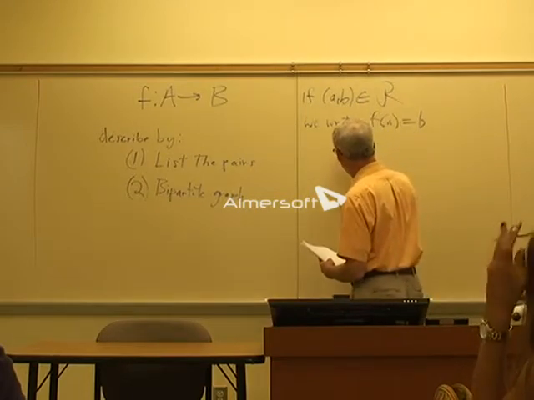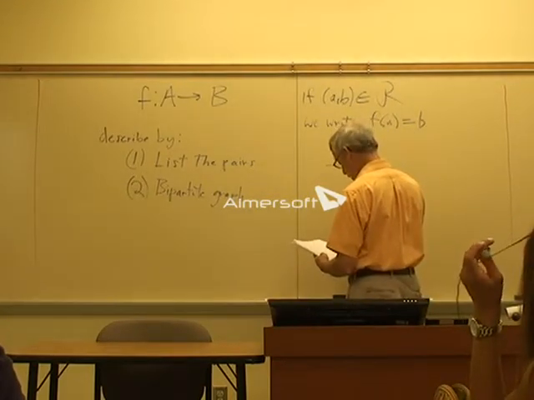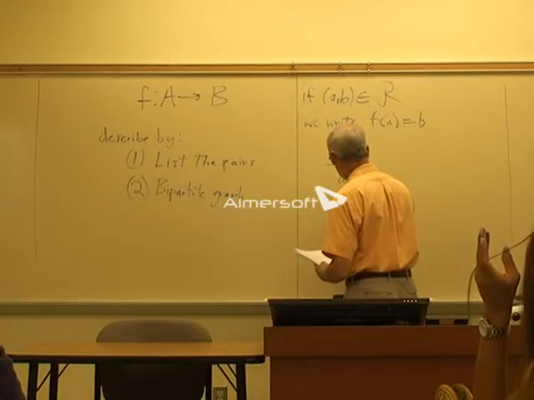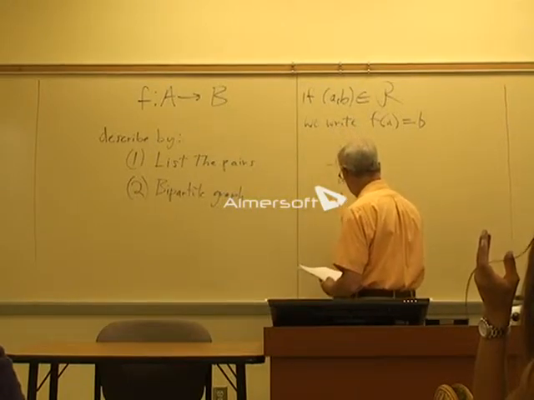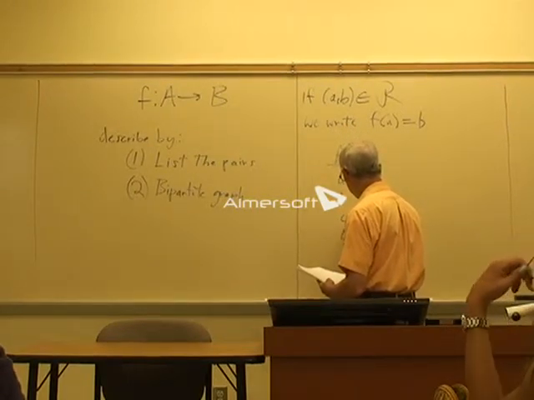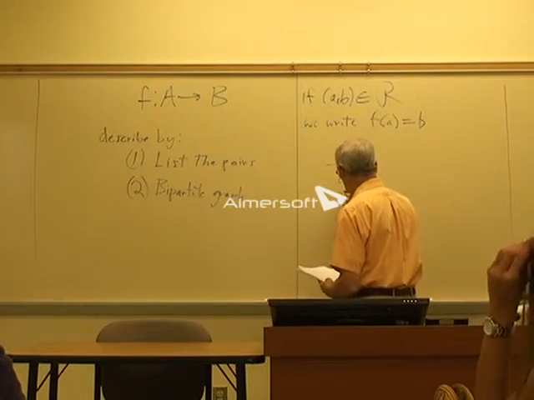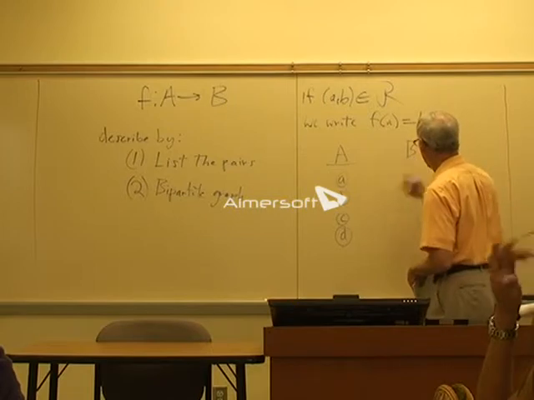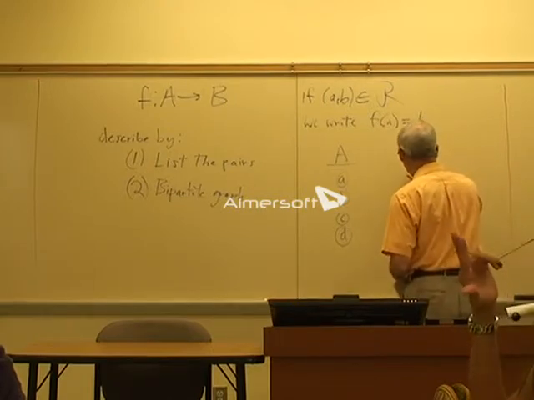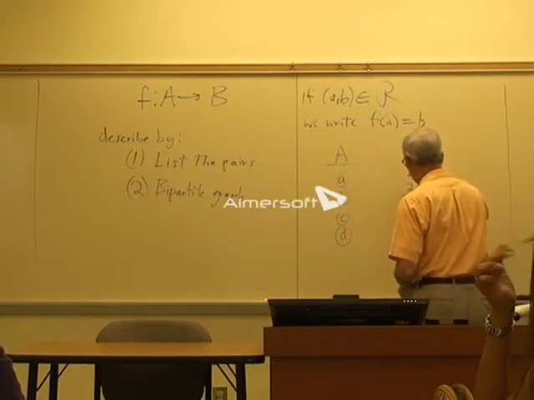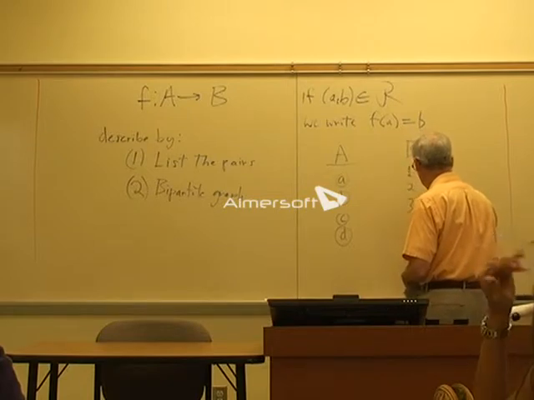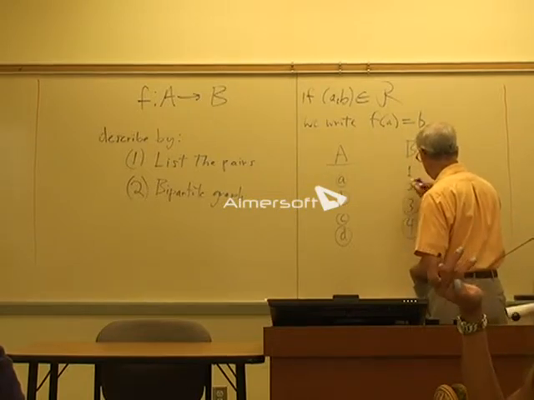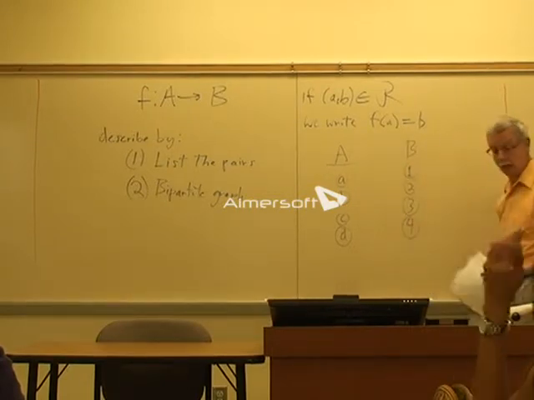So if I have my set A having the members little a, little b, little c, and little d, I'll make them nodes in a graph. If I have my codomain having the nodes 1, 2, 3, and 4, how do I make my function?